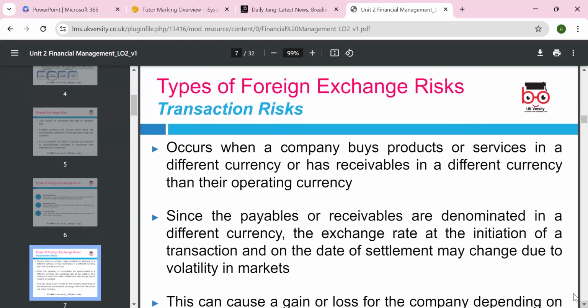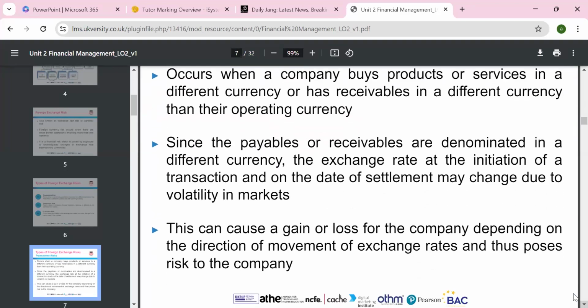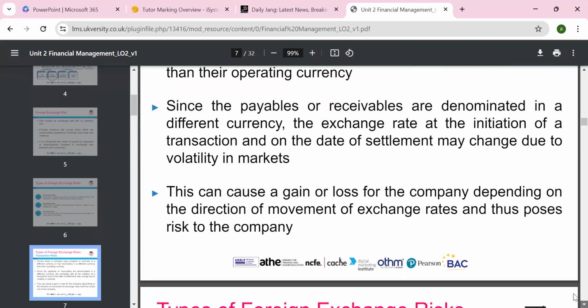Since the payable and the receivable are denominated in different currencies, the exchange rate between the date of the transaction and the date of the settlement can change due to the volatility of the market. This can again cause a loss to the company depending on the direction of the movement of the exchange rate, and thus poses a risk to the company.